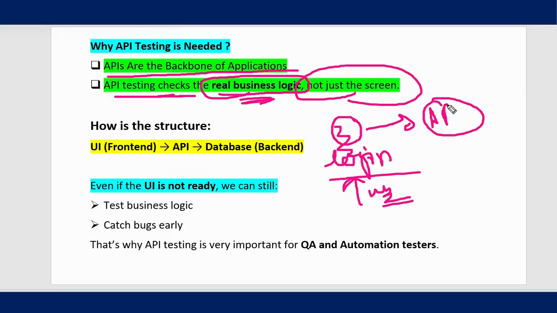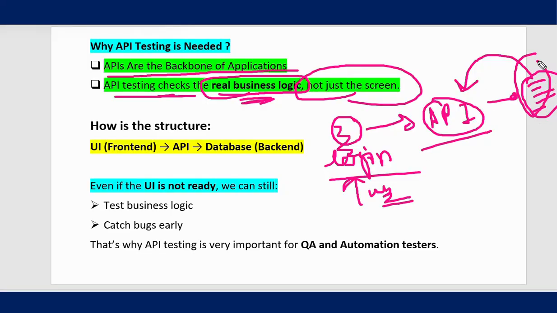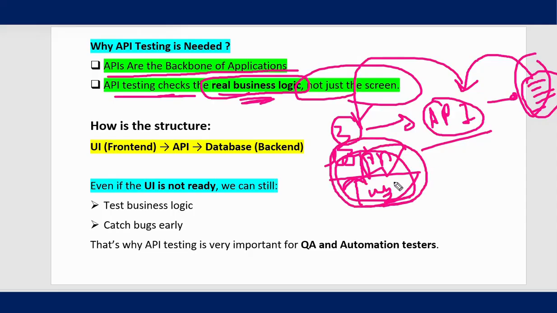If the credentials are valid, then the backend sends the information to the API: yes, this person is available, this data is available in the backend, and this login should be allowed. Based on that, the API will allow us through the UI to access that particular website or page with valid login credentials.